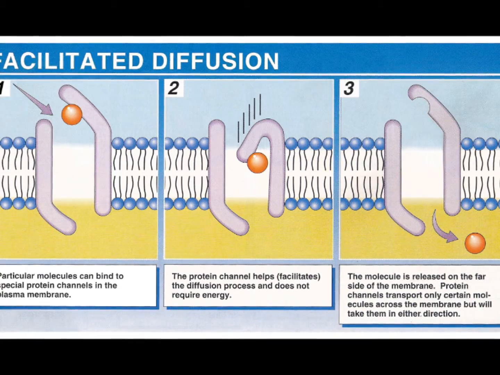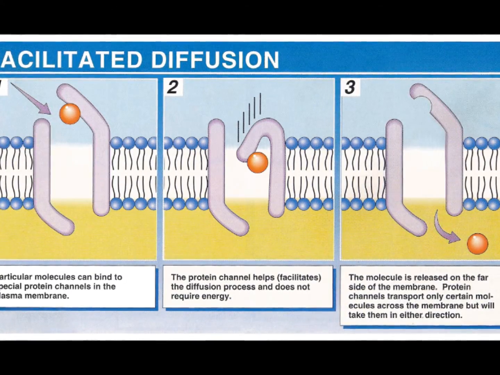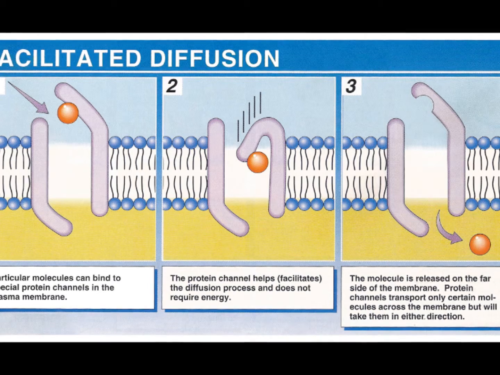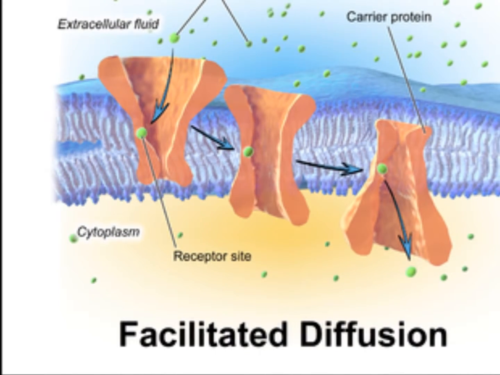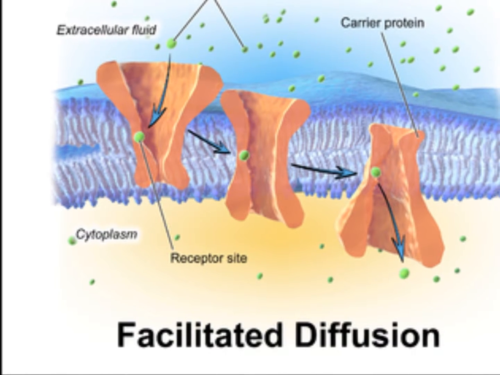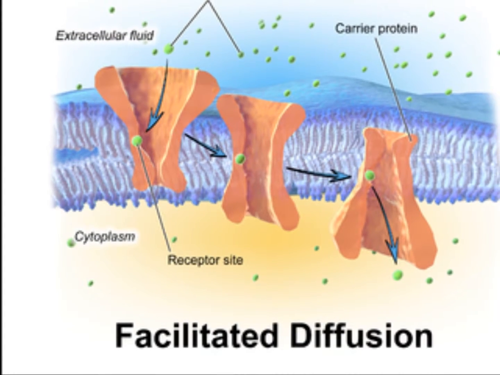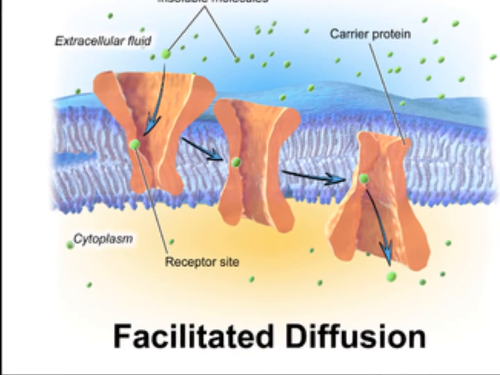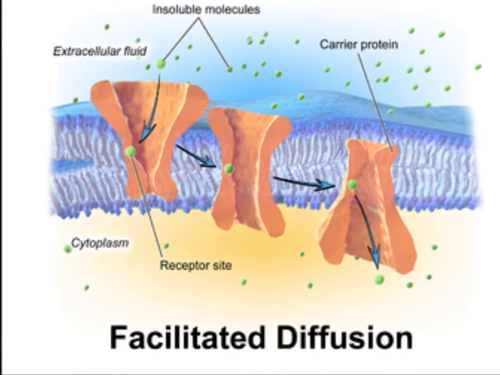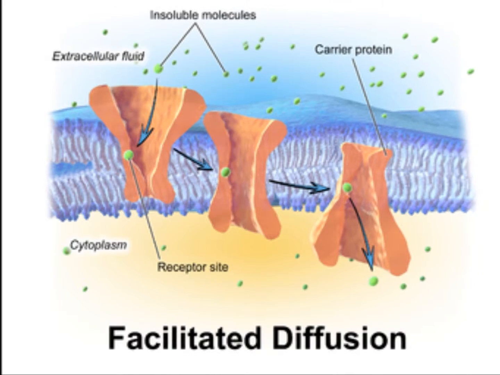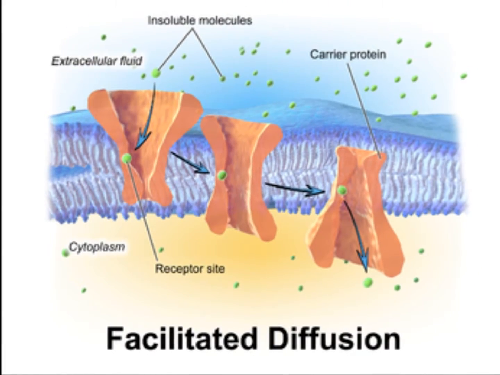Facilitated diffusion takes place where the particle molecules bind to the specific protein channels in the plasma membrane. Then the protein channel helps facilitate the diffusion process, which does not require energy. The molecule is released on the far side of the membrane.